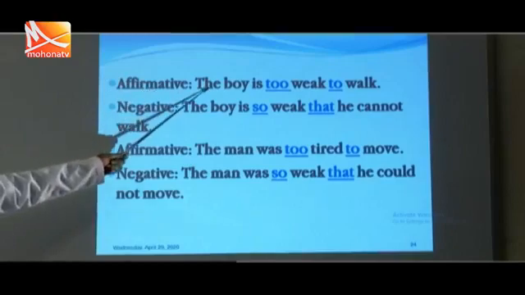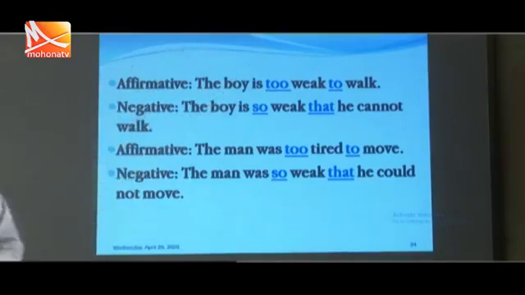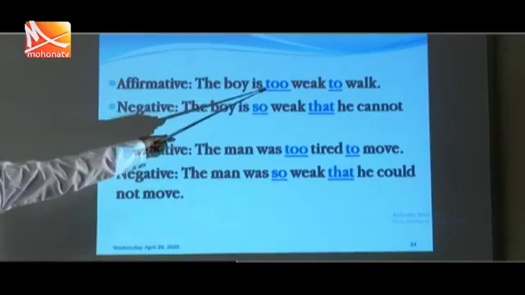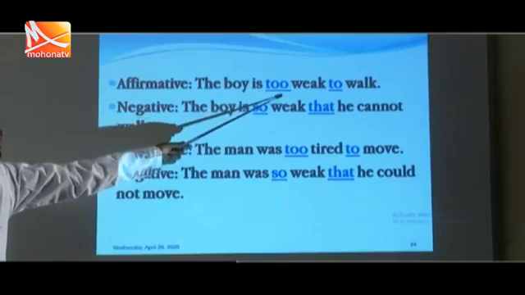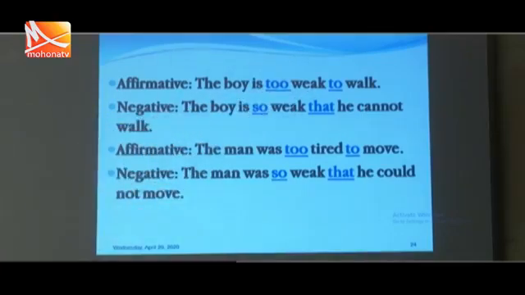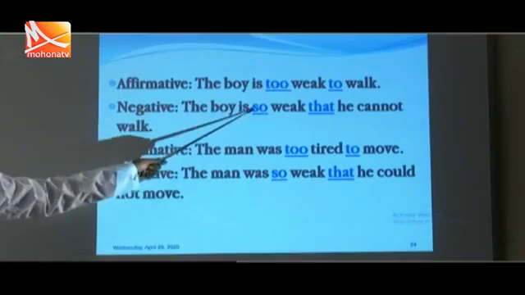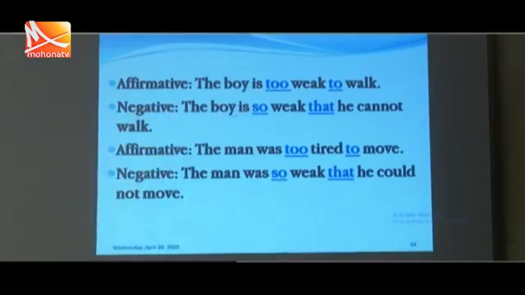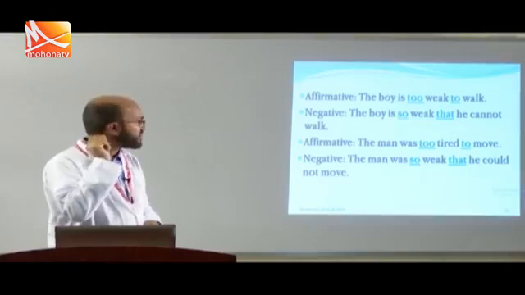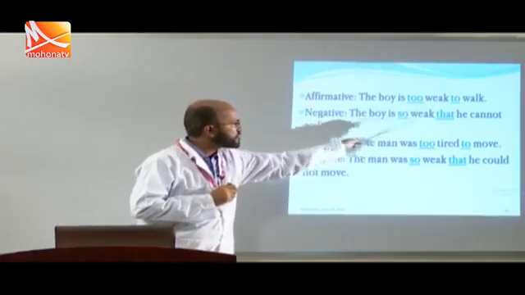Affirmative: The boy is too weak to walk. Too weak to walk. Too and to. Spelling, see here, T-O-O, then T-O. The boy is so... So here, too, so. I think you are writing down this very carefully, okay? Then too, that.